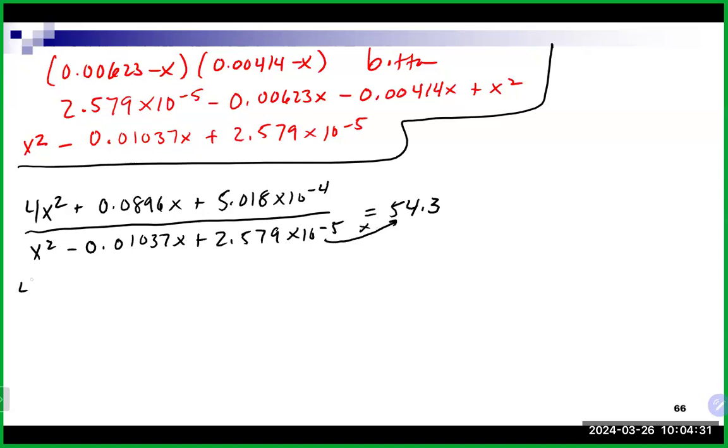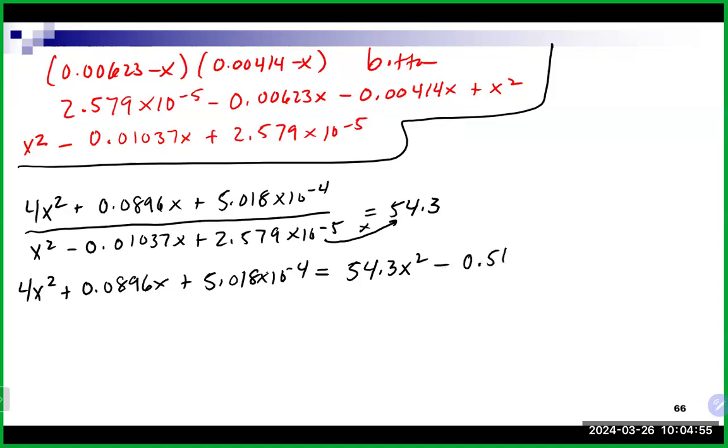And that's going to give us 4x squared plus 0.0896x plus 5.018 times 10 to the minus 4 will equal 54.3x squared minus 0.01037 times 54.3, 0.56309x plus, and it looks like we'll go 1.40 times 10 to the minus 3.